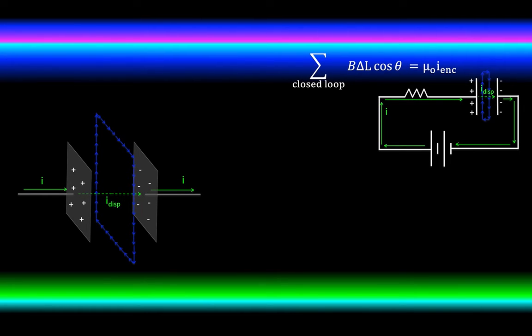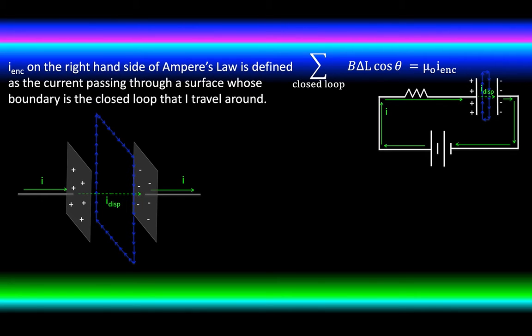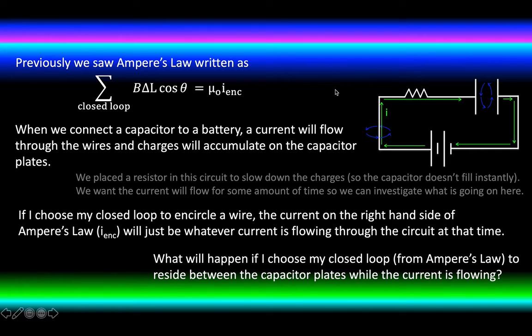So how will displacement current fit into Ampere's law? What are we going to really be doing with it? Well, I enclosed on the right-hand side of Ampere's law is defined as the current passing through the surface whose boundary is the closed loop. Way back at the beginning of this discussion, we said I have a current passing through the surface. Here's my loop.